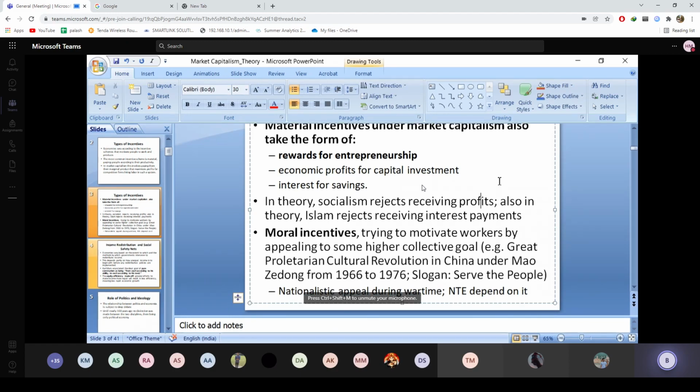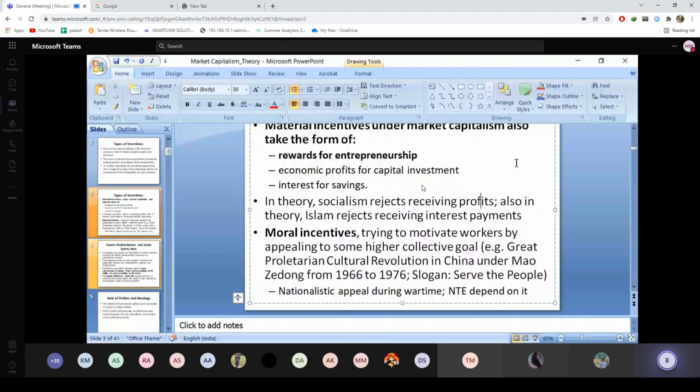Then, of course, there was a slogan under the Great Proletarian Cultural Revolution, that is, serve the people. So all the people just went with that movement and tried to do something. Then, of course, in typical democratic setups and with a lot of the nationalistic movements going across countries in the world, there is always this nationalistic appeal during wartime or during economic crisis or during, let's say, food shortage and all of that.